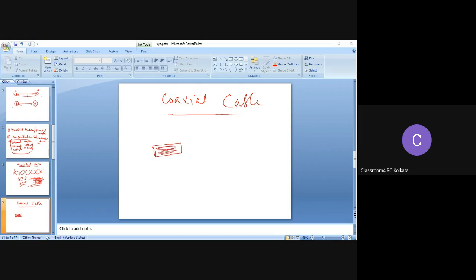First is solid copper wire. Over it, an insulating material, in most cases PVC, polyvinyl chloride. After PVC, a copper or aluminum mesh type wire, net type, and over it a plastic jacket.